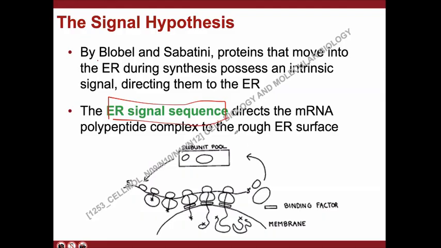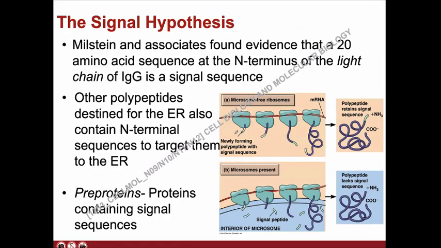And upon passage of the newly synthesized na mga protein across the ER membrane, nag-dissociate yung ribosomes from the site of the synthesis, and they re-enter the cytoplasmic pool, which now signals the start of another round of synthesis. We'll discuss this more in the next slides. Okay?